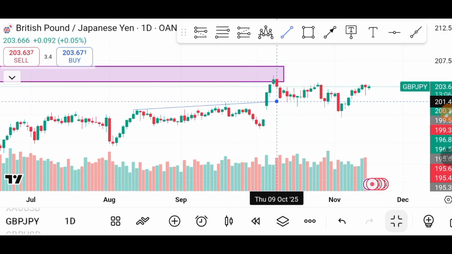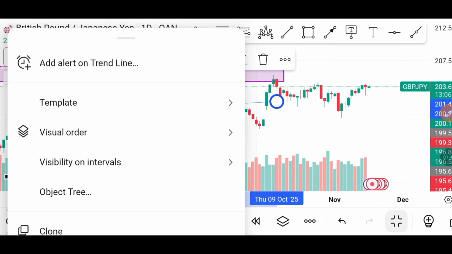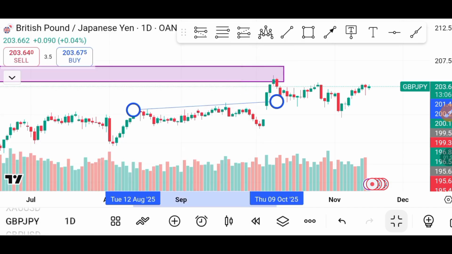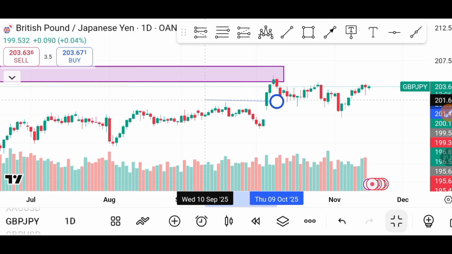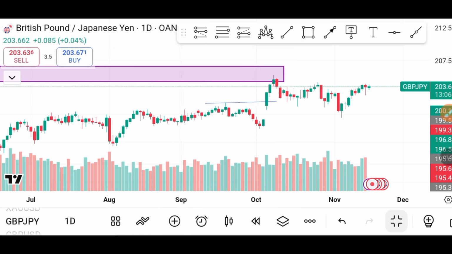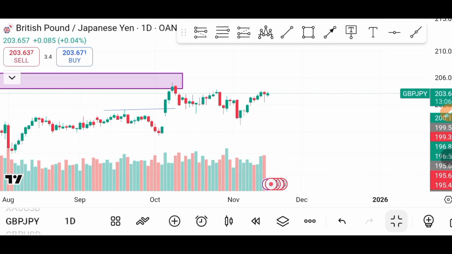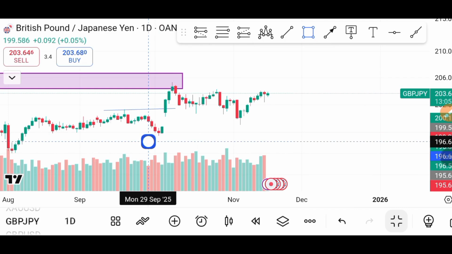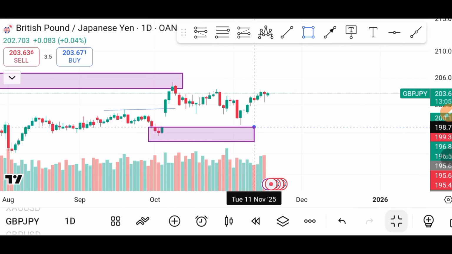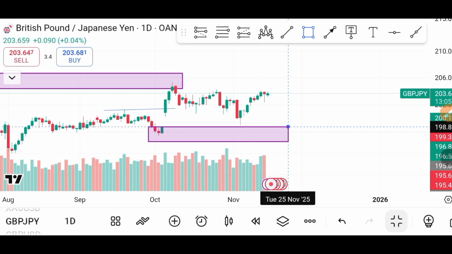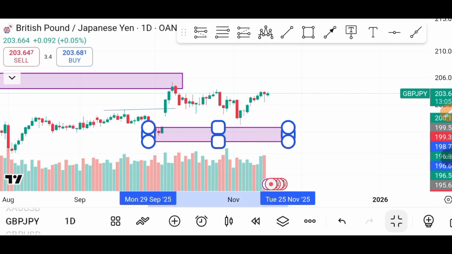I see a break of structure, kind of an overall break of structure, but then we can adjust it to the relevant break of structure I'm seeing. So this is the break of structure I'm seeing, and I'm also seeing an order block that initiated the break of structure. This is happening on the daily time frame.